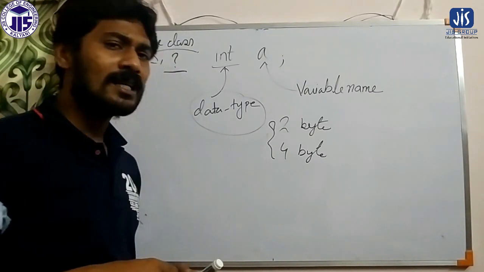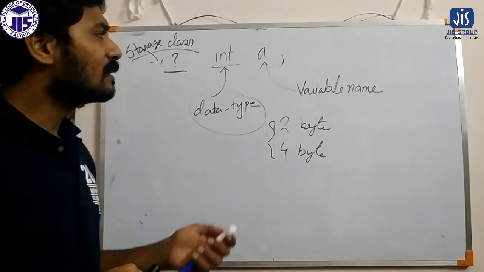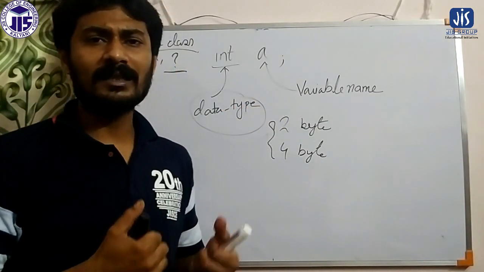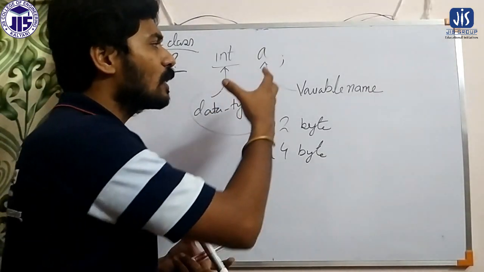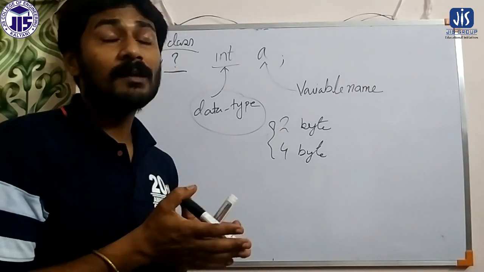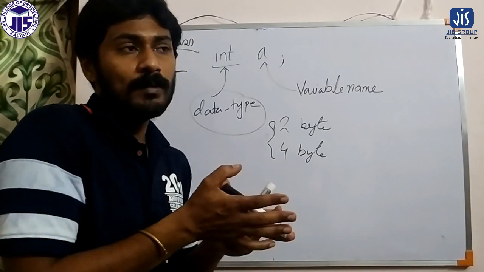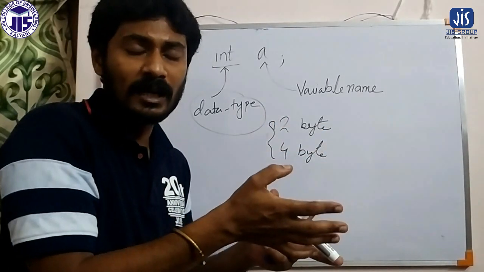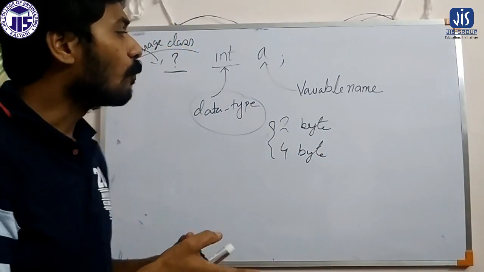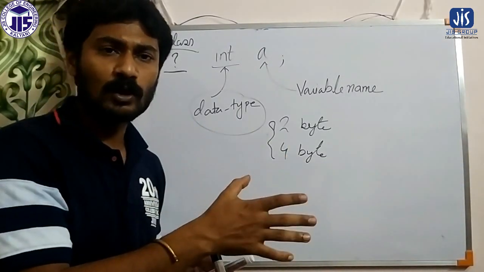Depending on the storage class, we can define the characteristics of the variable. Characteristics of the variable means that the memory will be allocated for this particular variable, but where? Memory will be allocated in my internal registers or in the memory, meaning RAM, primary memory. Number one, where the memory will be allocated for this particular variable.